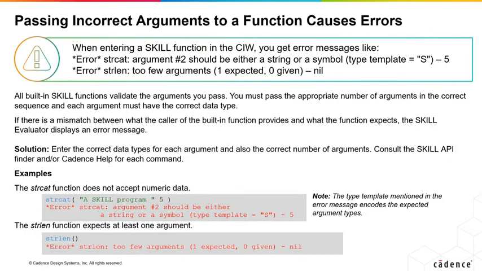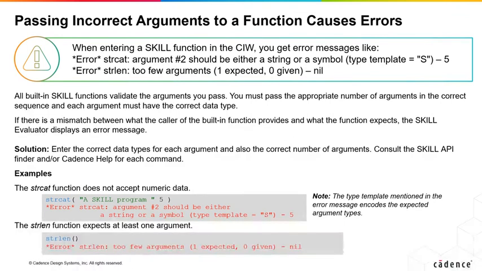It says argument number 2 should be either a string or a symbol. The type template is a capital S for string or symbol, and then it shows us the offending argument, which in this case is the number 5. So the type template mentioned in the error message encodes the expected argument type.